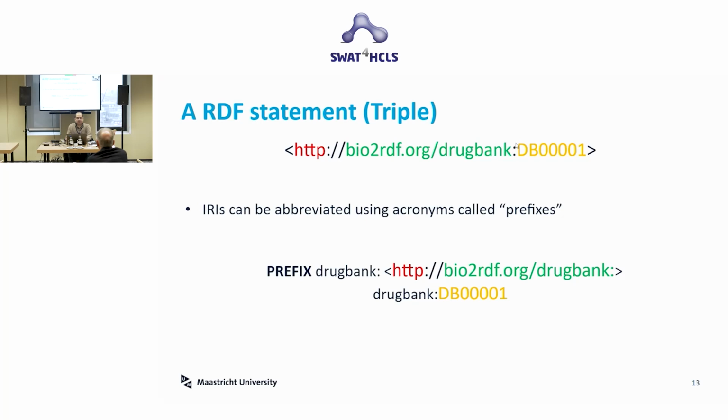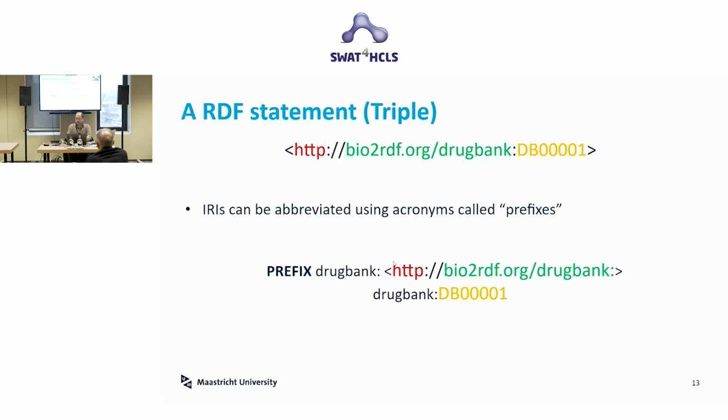Every drug has a unique identifier that is changing here, but the remainder of the URL is not changing, right? This is a URL for a drug on the Bio2RDF knowledge graph. And the way we can make it easier to deal with is by defining a prefix.